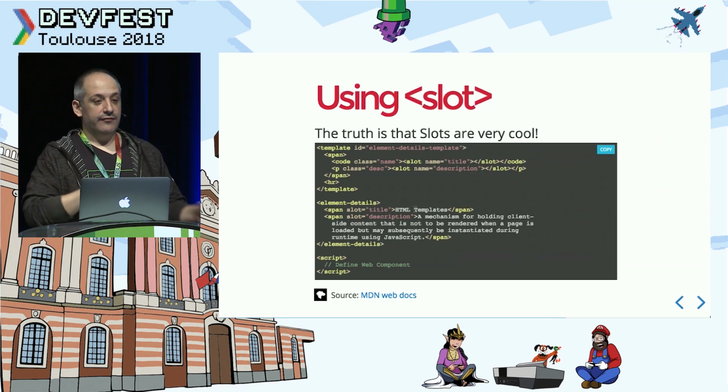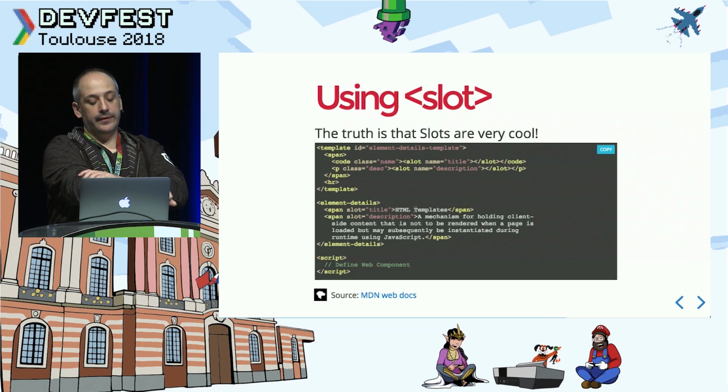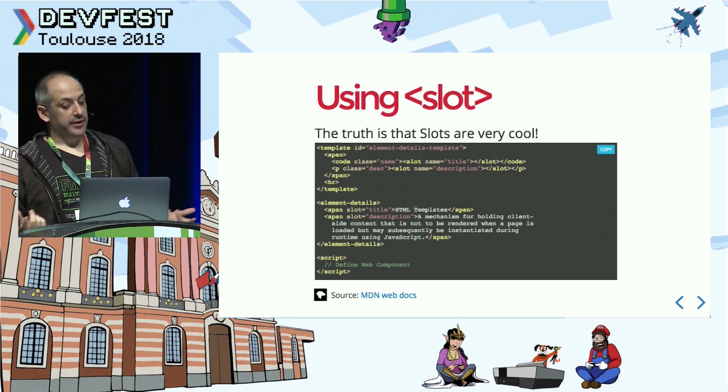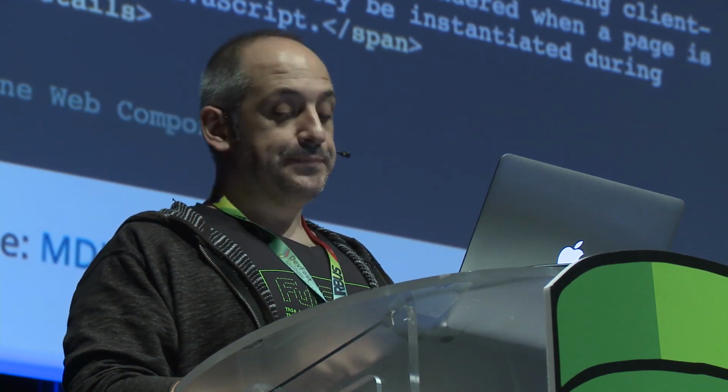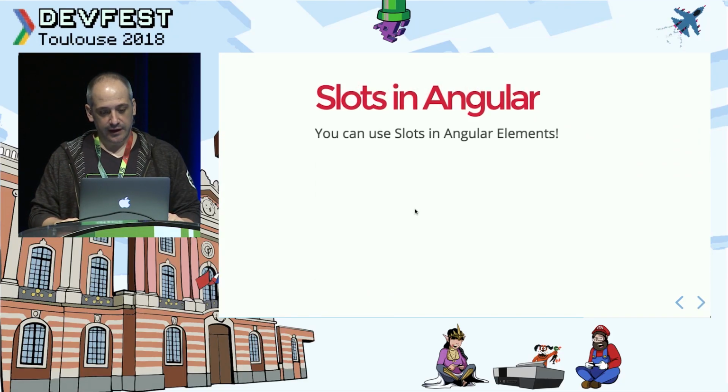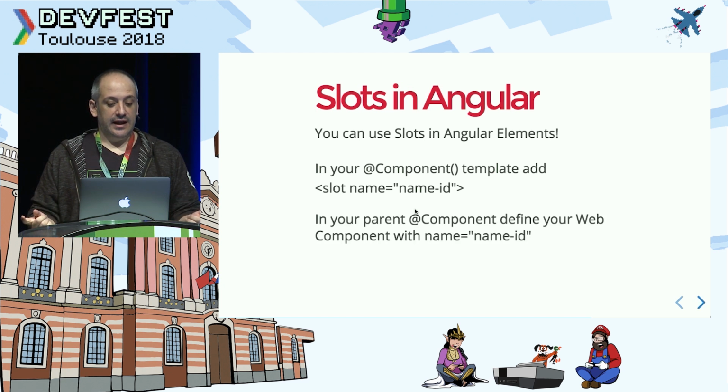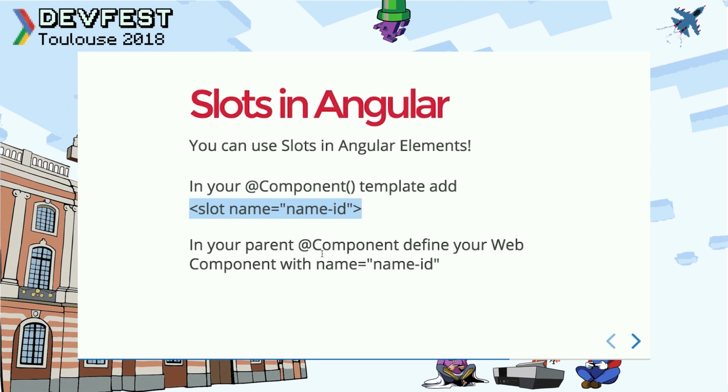And this is the API that the W3C created to have this content projection on web components. I think it's very cool because we can use it right now also in Angular v7, because it is supported. So for slots in Angular, in your component you just add the slot with the name ID, and in your parent you define the name and the name ID that you want to match.